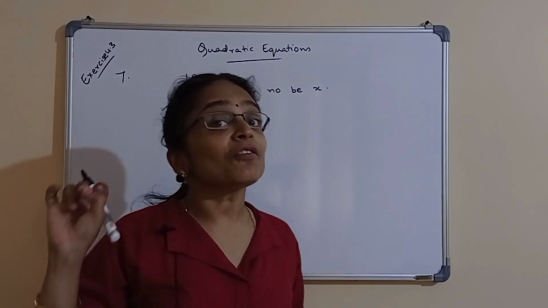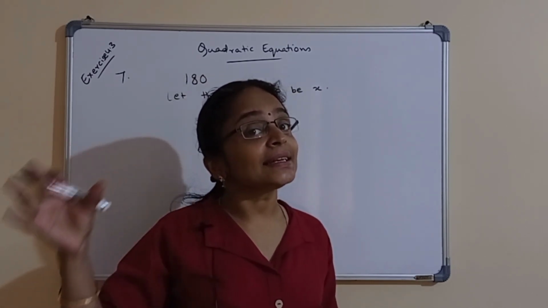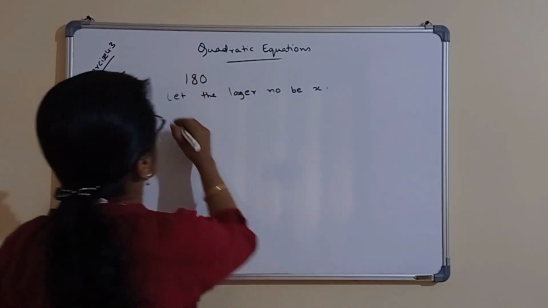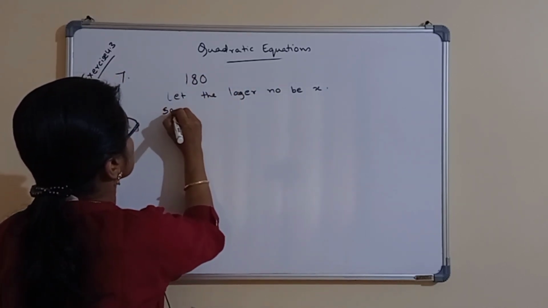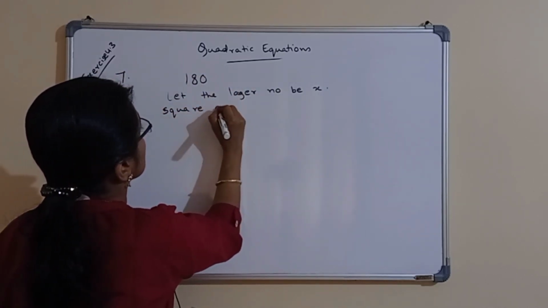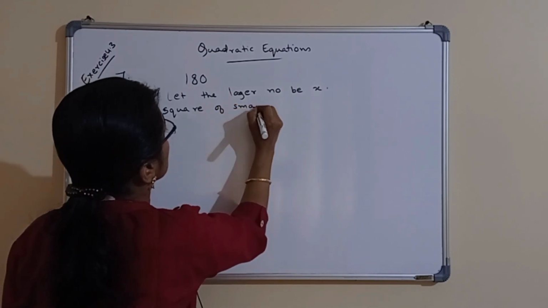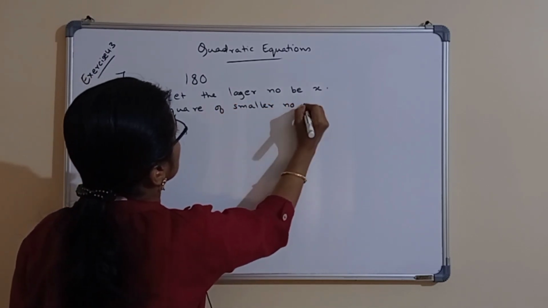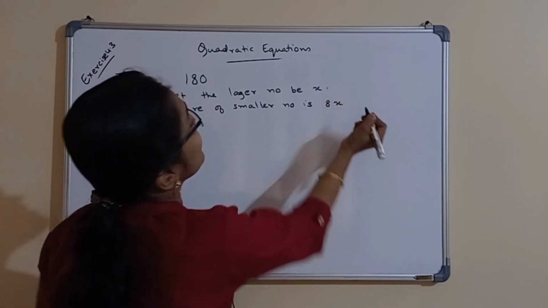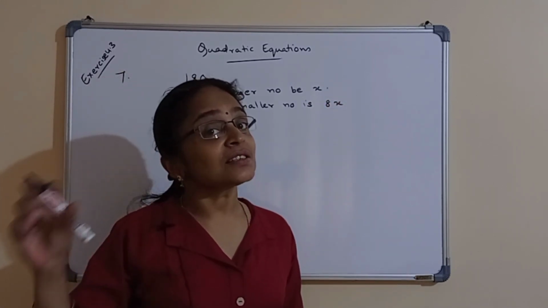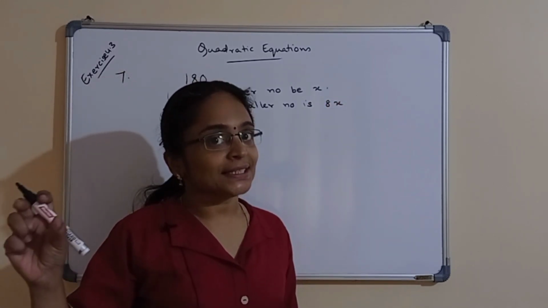And the square of the smaller number is 8 times the larger number, which means the square of the smaller number is 8x, right? And given that the difference of the squares is 180.